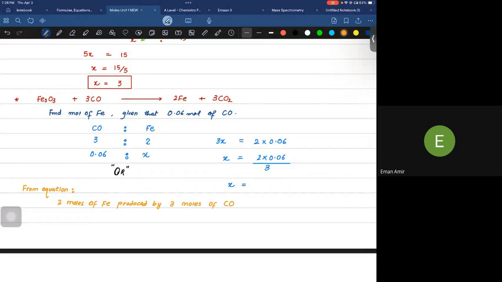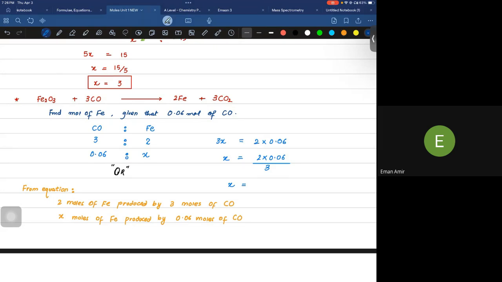How many moles of iron would be produced? X moles of iron would be produced by 0.06 moles of CO. Right?